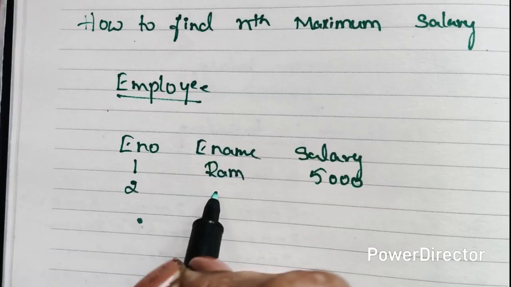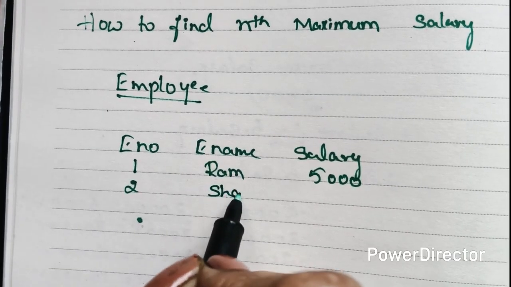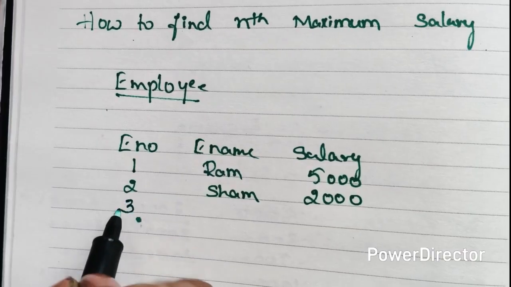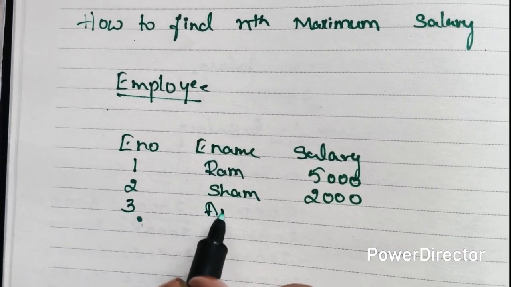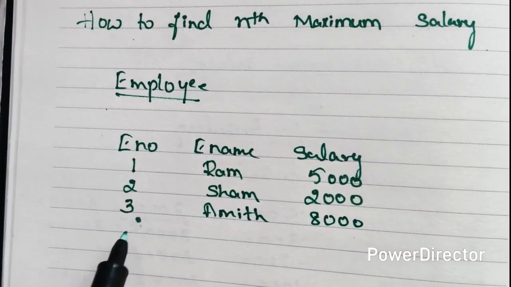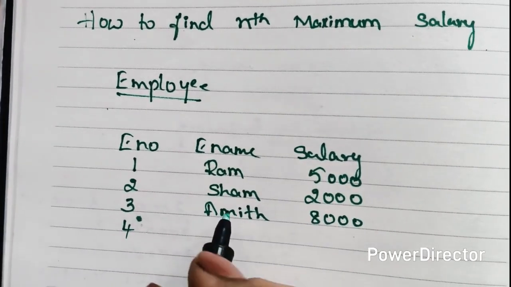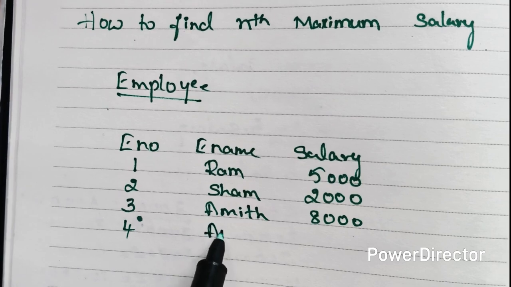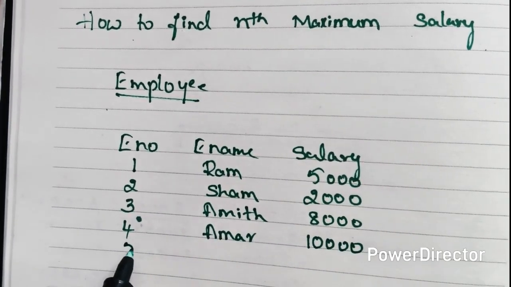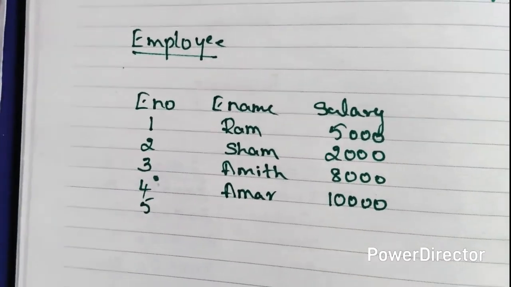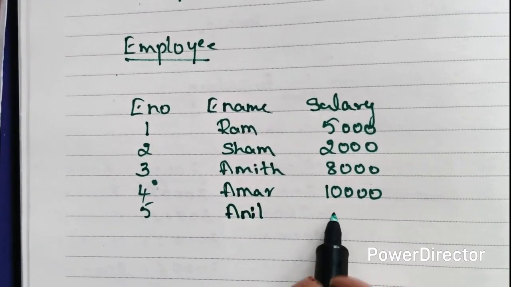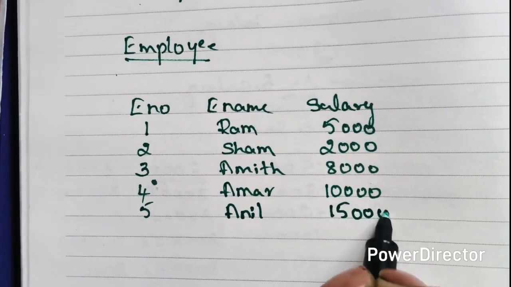Second employee, whose name is Sham, salary is 2,000. Employee number 3, whose name is Amit, whose salary is 8,000. Fourth employee, whose name is Amar, salary is 10,000. I will insert one more value, whose name is Anil, whose salary is 15,000.